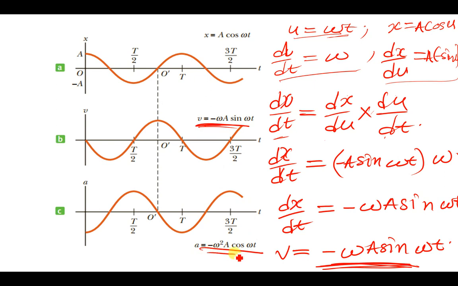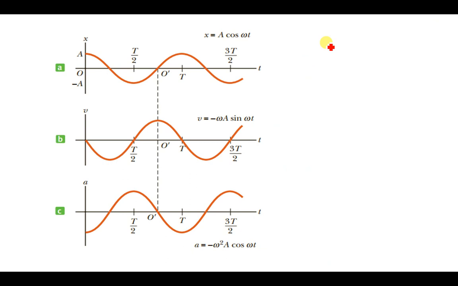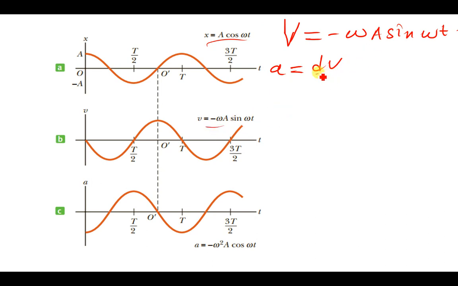So when getting this one, I'm not going to follow the whole procedure. I'll just do it directly. So we have the velocity, which is equal to negative omega a sine wt. Let us now find the acceleration. So acceleration is simply the first derivative of that, which is dv/dt. So dv/dt will be equal to a, and a will therefore be equal to, when you differentiate this, negative omega there, and then we also have a there.